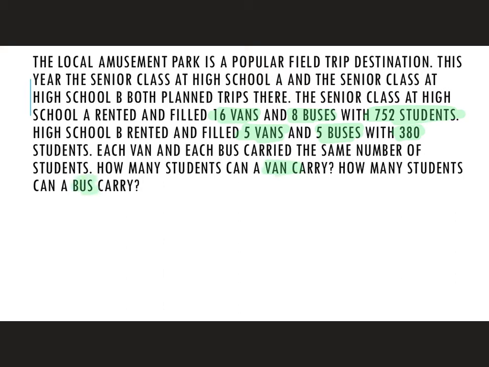So I'm going to use V as my van and B as my bus. So my equations: High School A had 16 vans and 8 buses to carry 752 students.